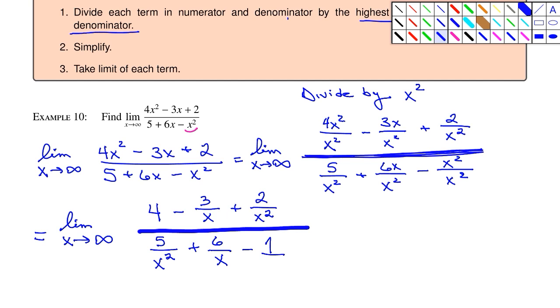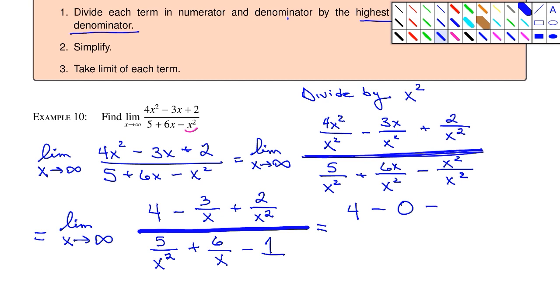And now I can take the limit of each of these individual terms. The limit as x goes to infinity of the number 4 is still just the number 4. There are no x's to affect the value of that part of the function. It's 4, it's always 4, and it always stays 4. The limit as x goes to infinity of 3 over x is 0, because it's technically 1 over x times 3, which we've solved before, turns into a 0.